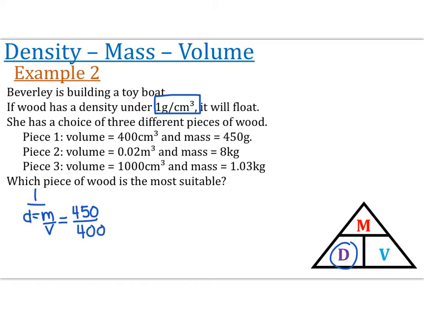That gives us 450 divided by 400, which is 1.125 grams per centimeter cubed. It says if wood has a density under 1, it will float. Already I can see that this answer is not going to help us very much, because it's greater than 1 gram per centimeter cubed. So piece 1 we've sorted.